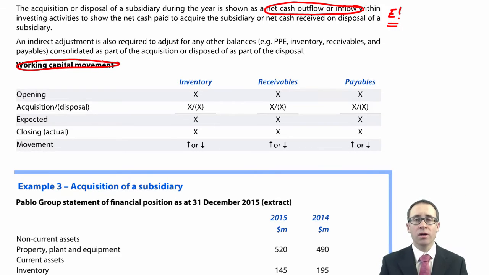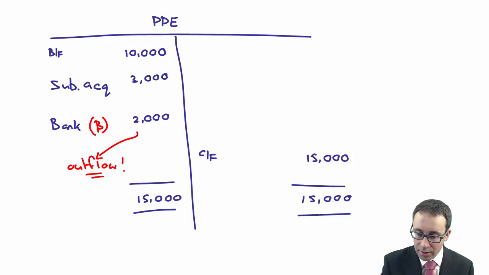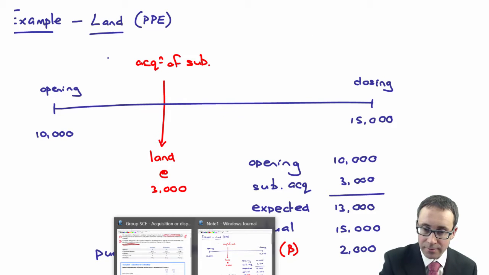Remember, we need to look at the movement in those working capital balances when we're looking at your cash generated from operations as part of your indirect methodology, which is what we always see within the exam. When you're looking at the indirect methodology, I would use the working that we went through and did originally here.